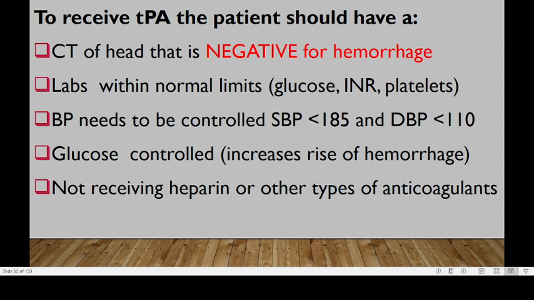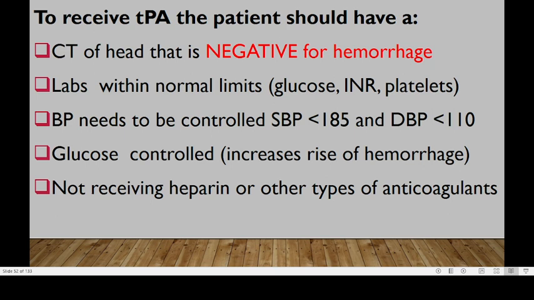So to receive this tissue plasminogen activator, the patient should have at least a CT scan of the head that is negative for hemorrhage. The labs should be within the normal limits, especially the glucose, the INR, and the platelets. Blood pressure needs to be controlled, so the systolic blood pressure needs to be below 185, while the diastolic should be below 110.